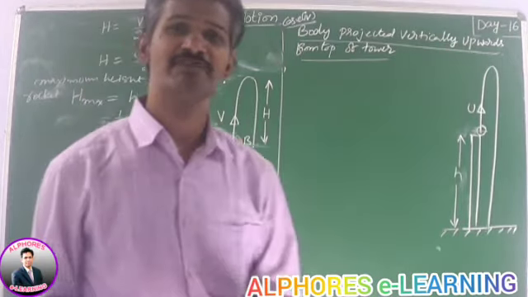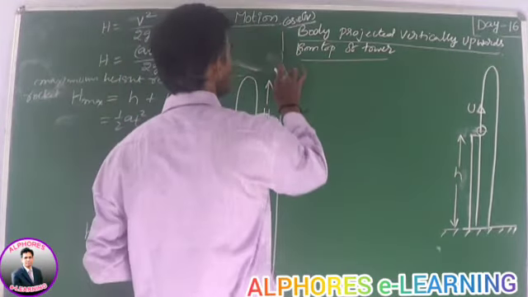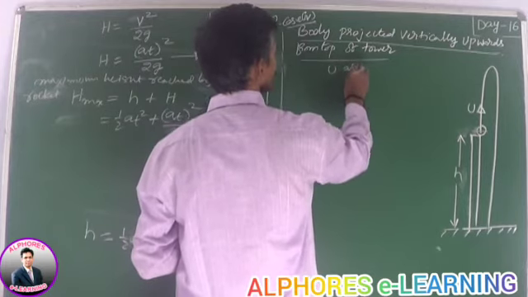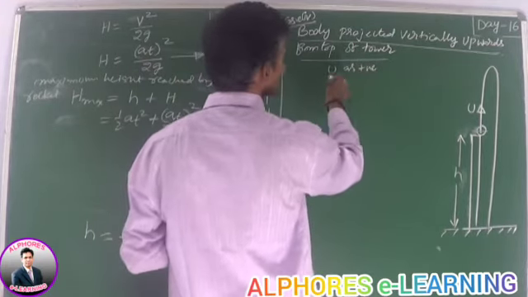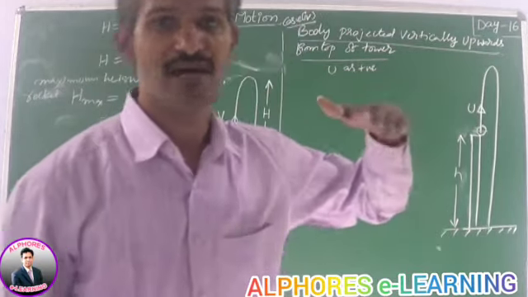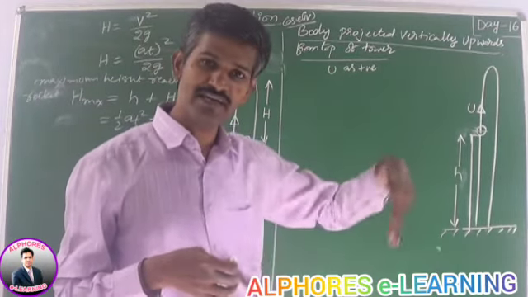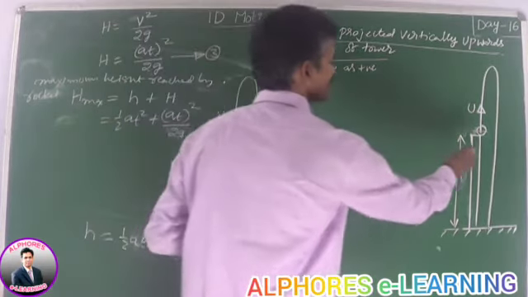What are the basic equations of motion that can be used in this case? Here I can write u as positive, and s, I don't know whether s is positive or negative. If the body travels in the upward direction, s is positive. If the body travels in the downward direction, s is negative. But the gravity is always downwards.